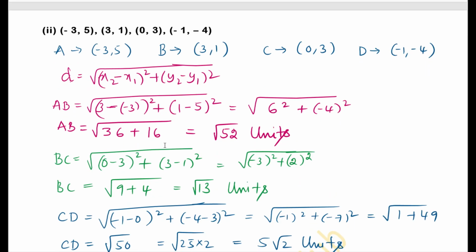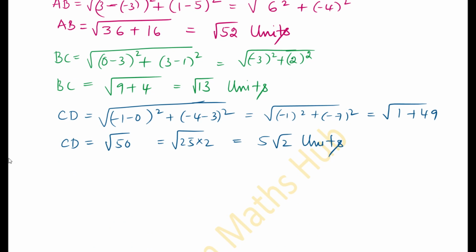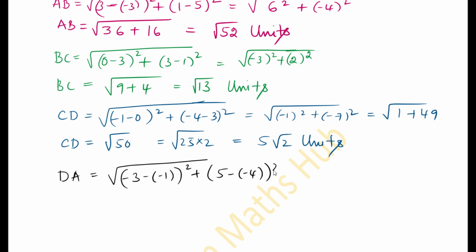Now we'll find out the length AD or DA. DA will be equal to again the square root of minus 3 minus of minus 1 whole square plus 5 minus of minus 4 whole square.